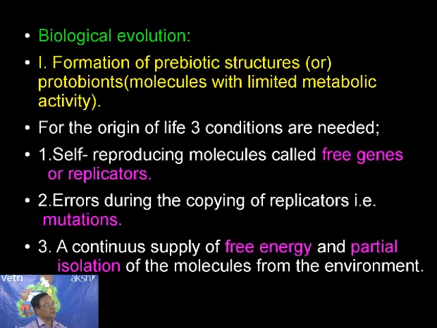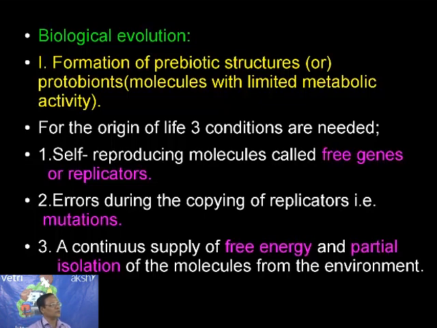Copying here is nothing but the replication process or the duplication process. A single molecule is converted into two molecules. And during that process, errors may occur. That is a must. Errors may lead to a change in the structure of the genetic material. Ultimately, we have the formation of new species. And that error is simply called a mutation.